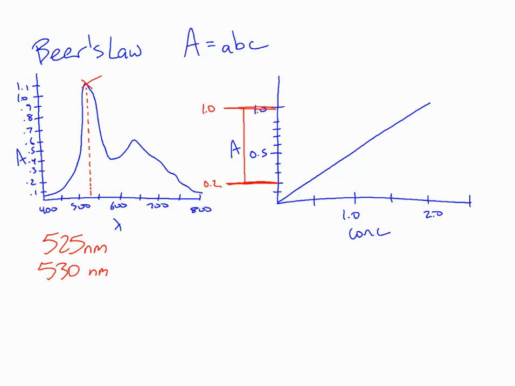What we would expect is a line that continues linearly, but what we find in the real world looks something like this. It starts to kind of track downwards like this and eventually level off.